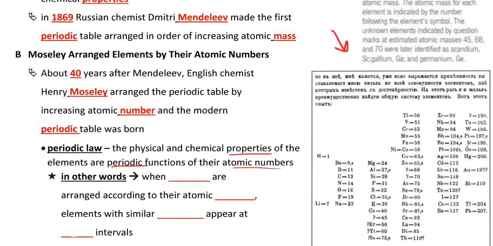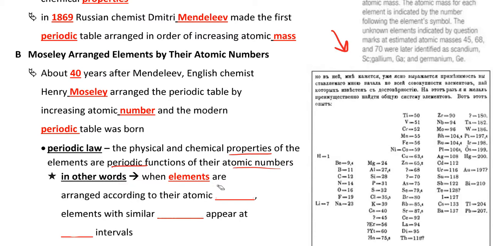Periodic function means that they are repeating. So physical and chemical properties repeat in relationship to atomic numbers. As atomic numbers increase, these properties recur periodically, in a regular, predictable way.